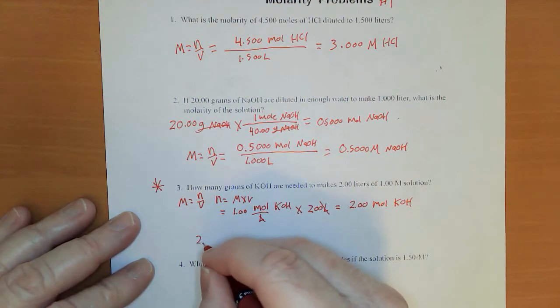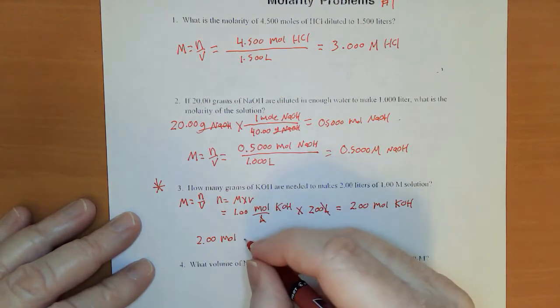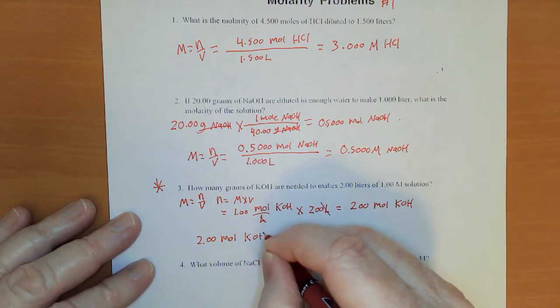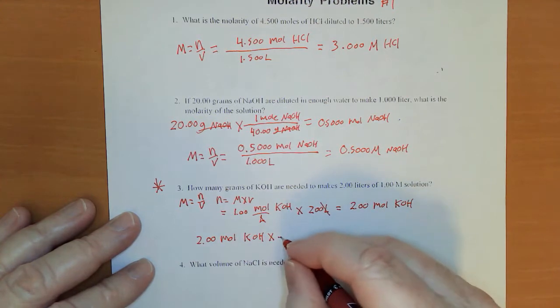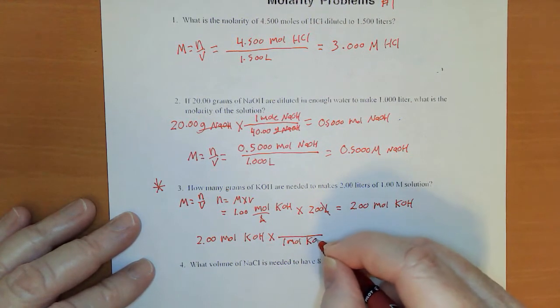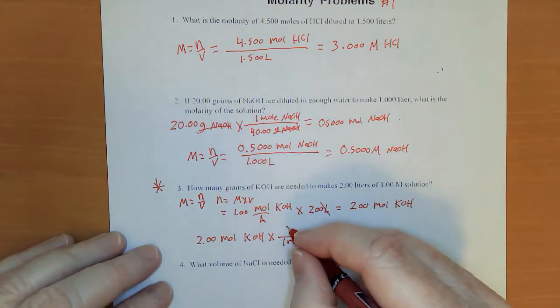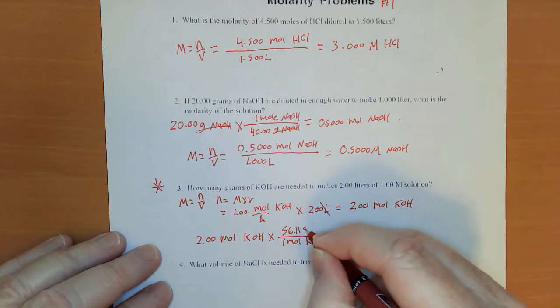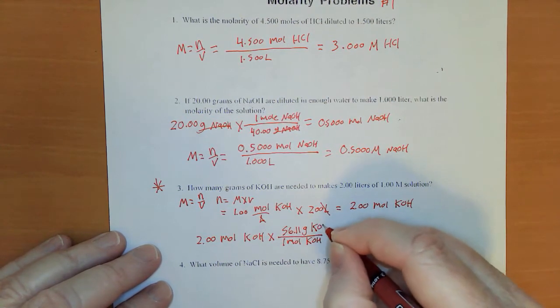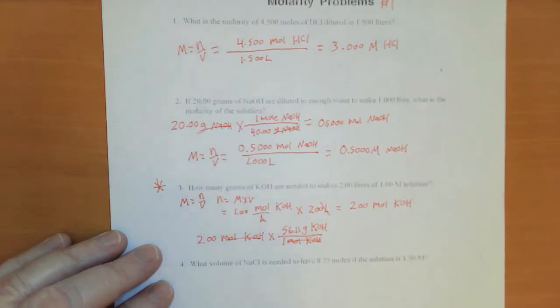So I take my 2.00 moles of KOH and I multiply by downstairs 1 mole of KOH. Upstairs, the molar mass for KOH is 56.11 grams of KOH. So that cancels that.